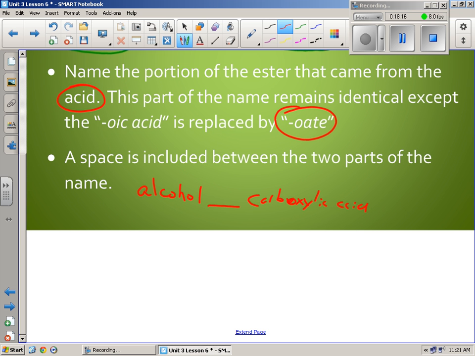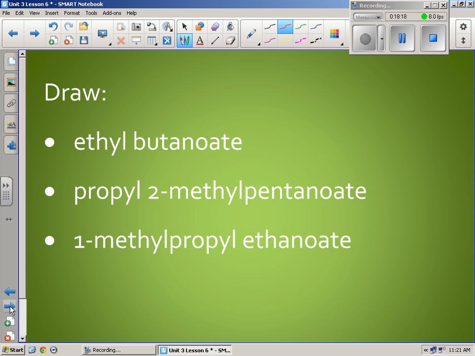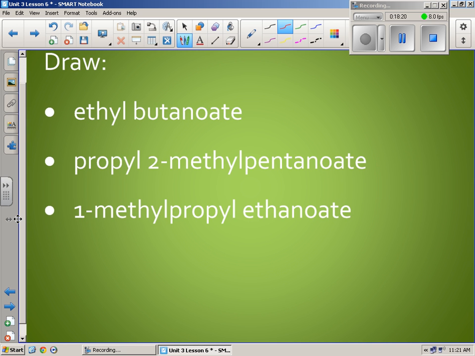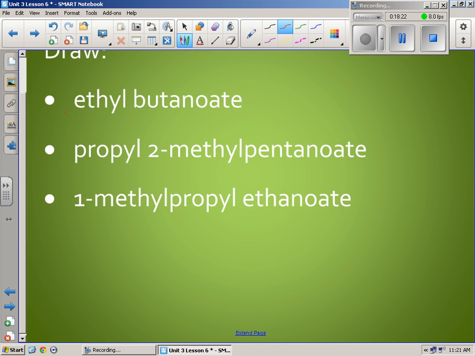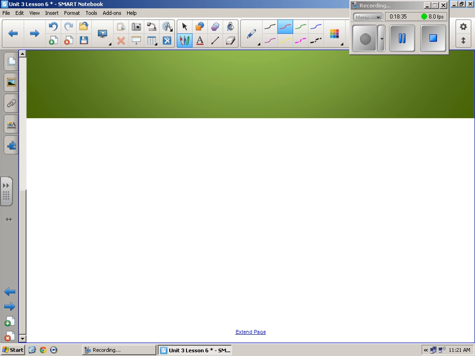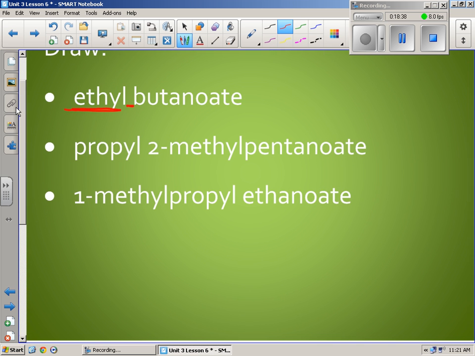All right, let's take a look at some. Ethyl butanoate. Once again, you'll notice there's a space there. The first part is the alcohol, so ethyl is part of the alcohol. The butanoate is from the carboxylic acid part. If it was up to me, I'd start with butanoate first, as always. Right away I know it's an ester because it's got the oate ending.